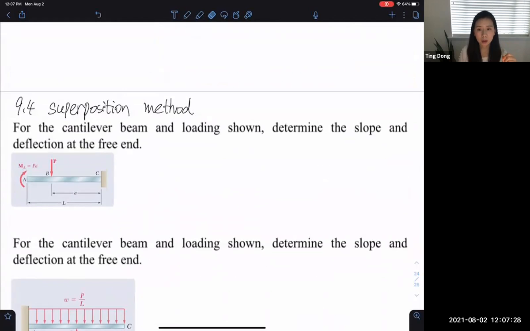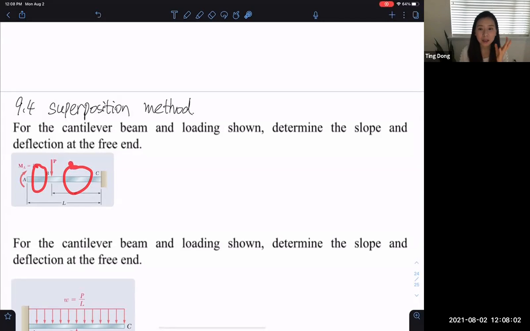For this one, you can use the original method. If everything is applied at the same time, write the bending moment M as a function of x in 2 different sections and use the boundary conditions we talked about to solve this problem. That can be done. The calculation part is very complicated, but I would say it's doable.